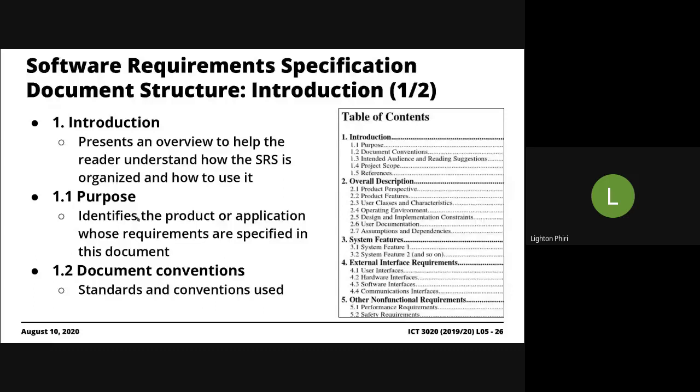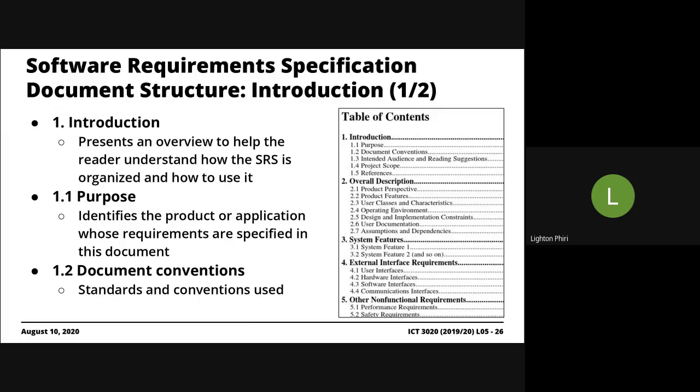So the introduction will just provide you with an overview of what the system is about, and the idea is you want whoever is reading this SRS to understand what that document is about. It also has a portion that outlines exactly how the document is structured, right?